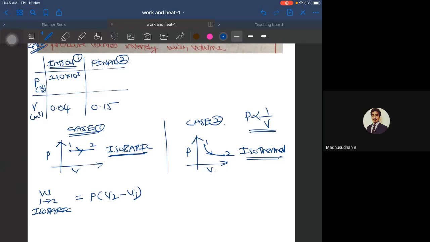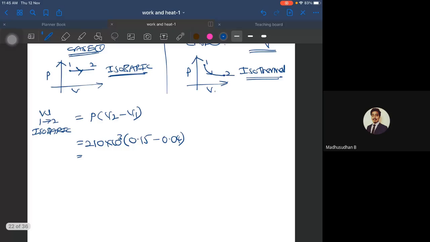Okay. Now, you know the value of P, which is 210 into 10 to the power of 3, into V2, which is 0.15, minus V1, which is 0.04. So calculate and give me the value. 23,100.